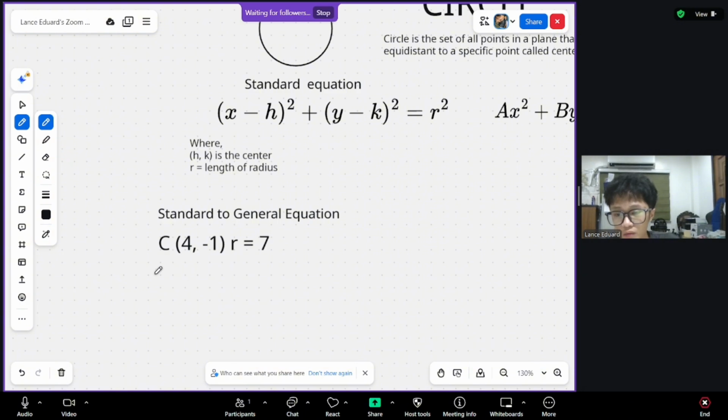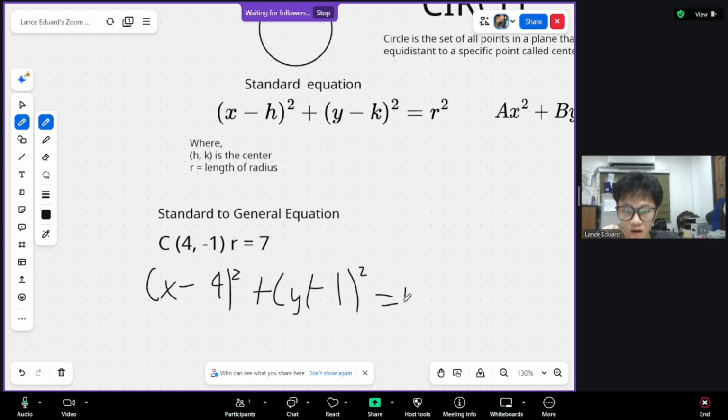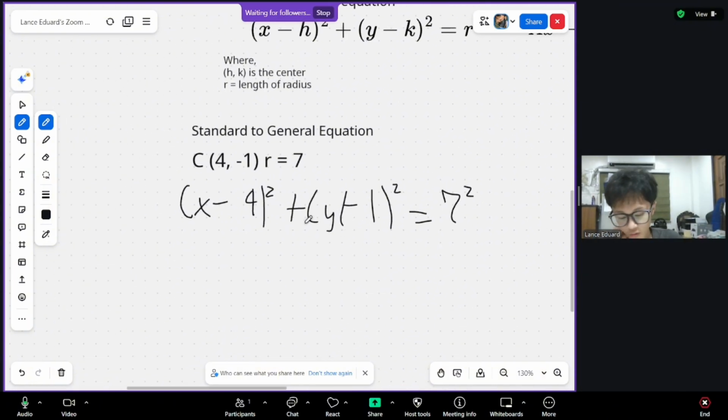So it will be x minus 4, since h is a positive number and we will be subtracting it, then raised to 2, plus y minus, since our k here is negative 1, negative minus negative it's going to be positive, so positive 1 raised to 2 equals r, oh no, equals 7 squared.